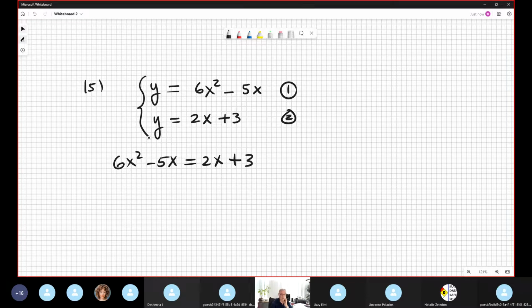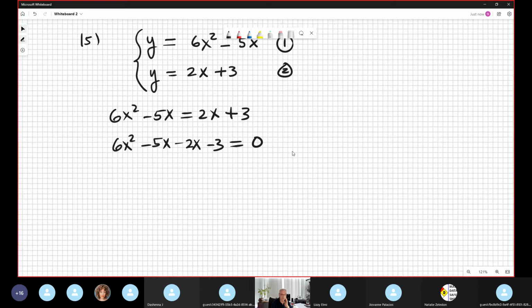But it looks like a quadratic equation. So 6x squared minus 5x minus 2x minus 3 equals 0. I move everything to the left because I want to put it in standard form. And we combine, it's 7x and minus 3. We can apply again the quadratic formula.